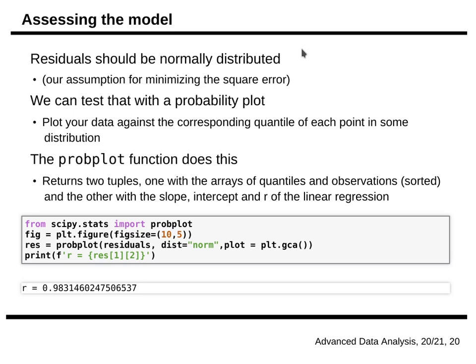This is what we saw in the beginning of these lectures on regression. So we can test that, and one easy way of testing that is with a probability plot. There are other ways. You can use histograms to see if it's approximately normal and so on, but the probability plot will show you the plot of your data against the corresponding quantile of each point.